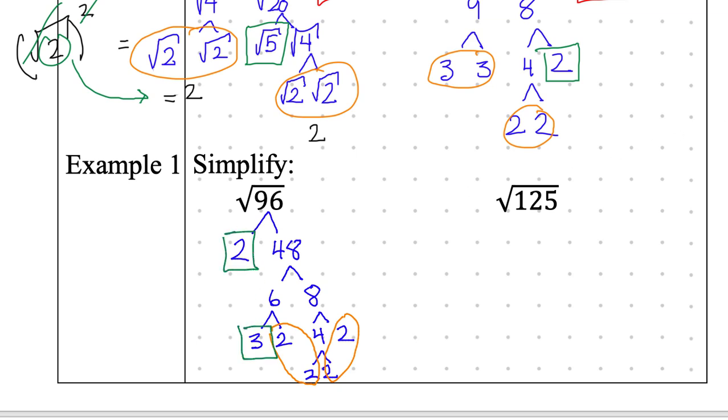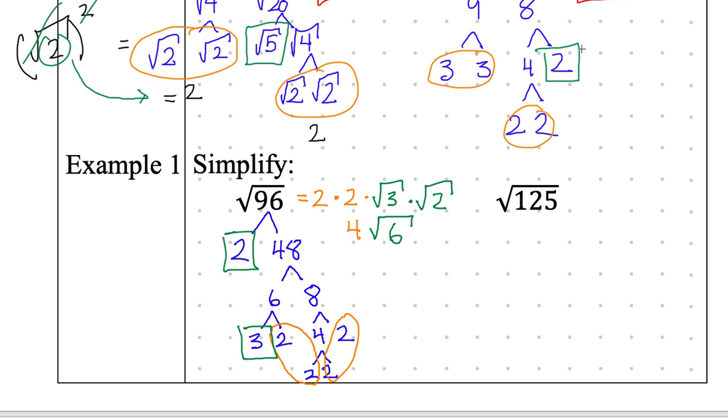And then I ended up with 2 times 2 times the square root of 3 times the square root of 2, which is 4 times the square root of 3 times the square root of 2, and you just times the 2 square roots, and I got 4 square root of 6. Beautiful. Thank you. Yes. 4 square root of 6 is the final answer.